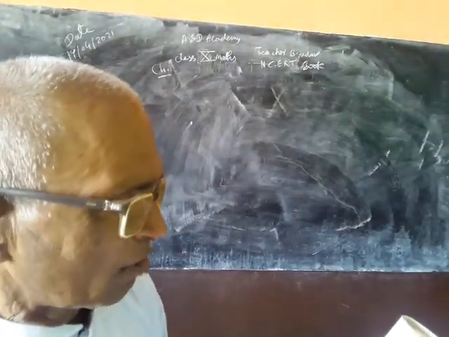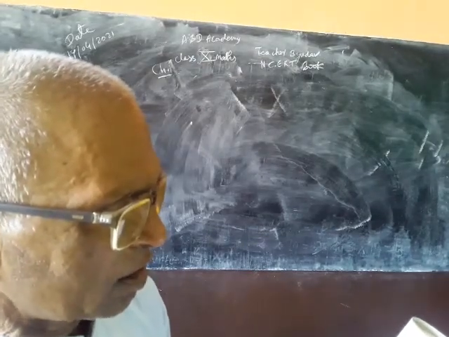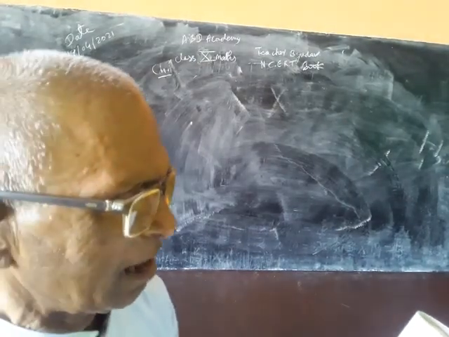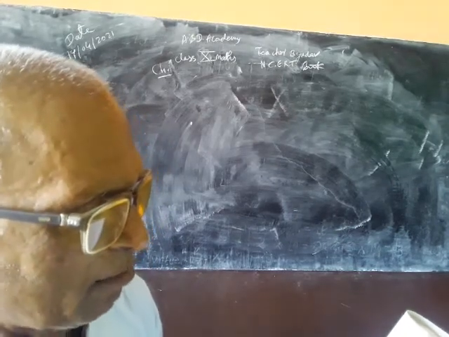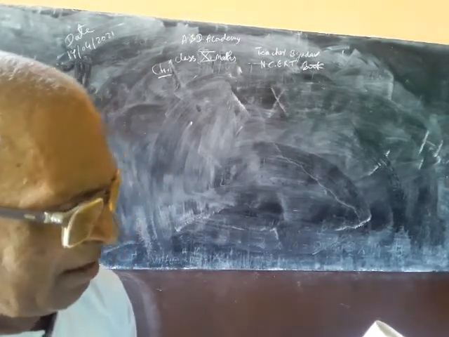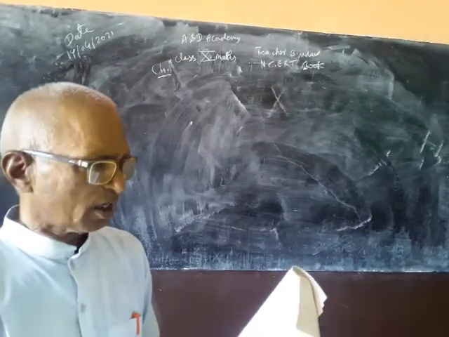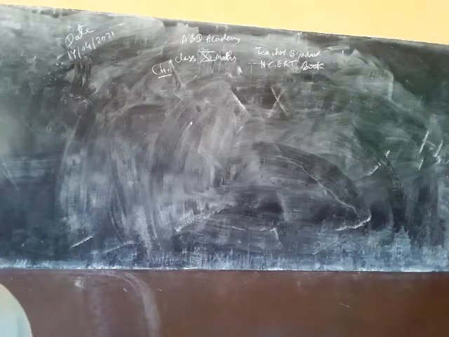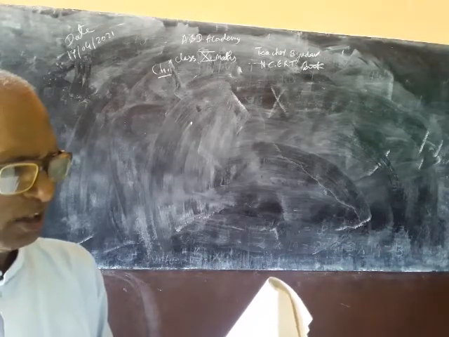Third question: an army contingent of 616 members is to march behind an army band of 32 members in a parade. The two groups are to march in the same number of columns. What is the maximum number of columns in which they can march?